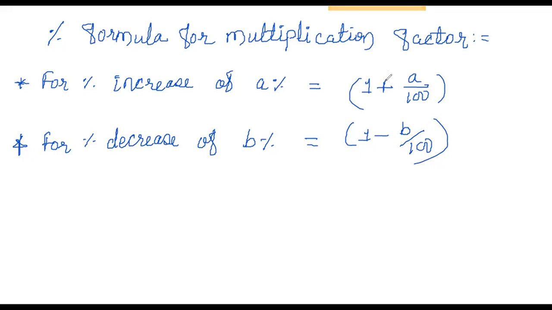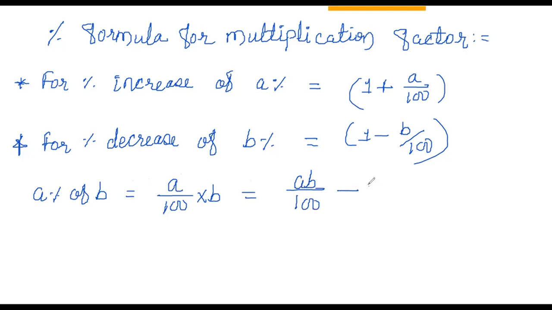Look at this. If there is a percent of b and b percent of a, at that time a percent of b is the same as b percent of a. How? A percent of b is equal to a upon 100 into b, so it gives AB divided by 100. Suppose this is the first expression.